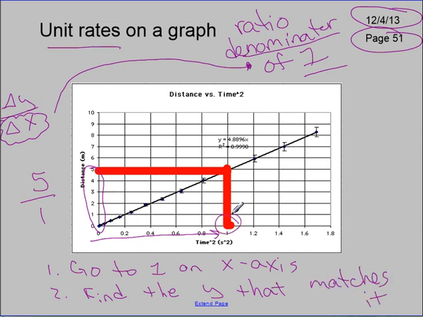I went to 1 on my x-axis, and then I found the y that matches based on my graph, and it ended up being 5. So my unit rate for this distance versus time graph is 5 meters per second squared. And that is my unit rate. Hopefully that makes a little bit of sense to you.